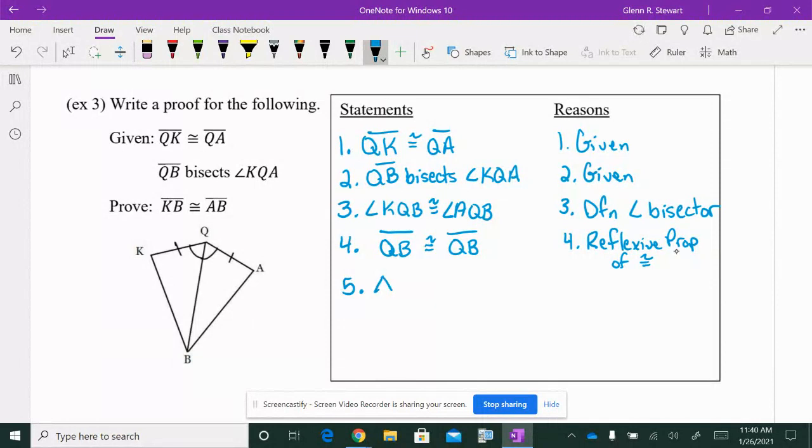Therefore, we can name the triangles congruent. So, triangle KQB is congruent to triangle AQB via side, angle, side.